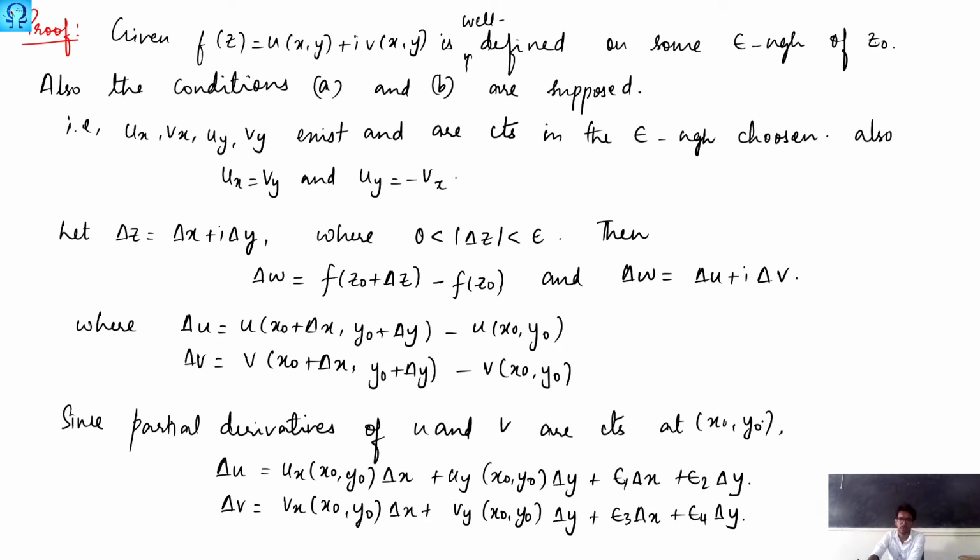Actually we are going to plug all these things somewhere. So let us mark this as equation 1 and these as equations 2 and 3. Whatever we have written is due to the fact that these are valid. This is what we have learned in functions of several variables; you can refer to those courses to see how these came.